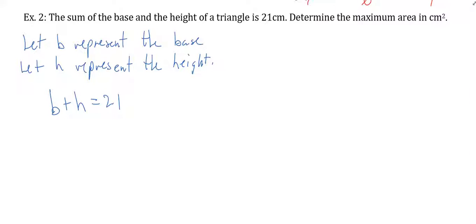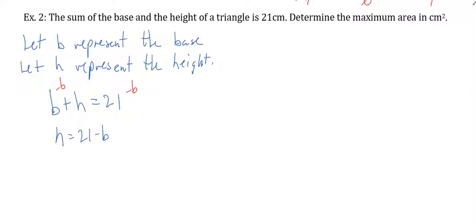Then I take whichever one of these I want over to the other side, so I'm going to subtract b from both sides. And I'm going to get h equals 21 minus b. That's just like what I got before when I had x minus 18, but notice that they're reversed. It's 21 minus b. If you did b minus 21, it would be wrong.